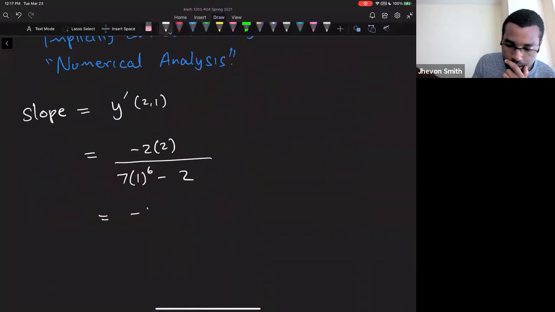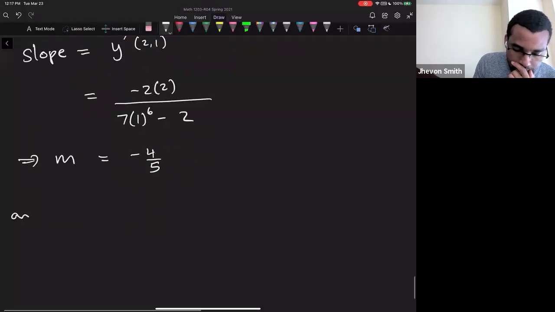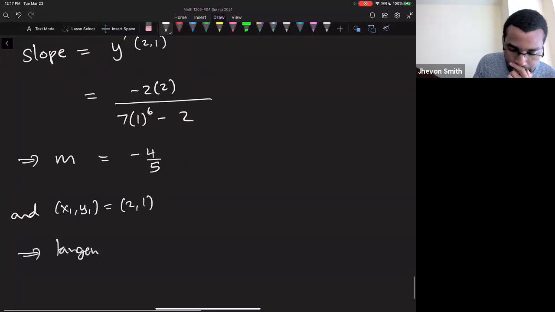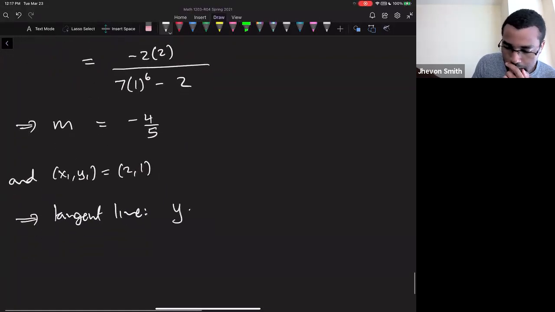So this is going to be minus 4 over 5. That is the m. And we know that x1, y1 is equal to (2, 1). So my tangent line is going to be y minus y1 equals m times (x minus x1).